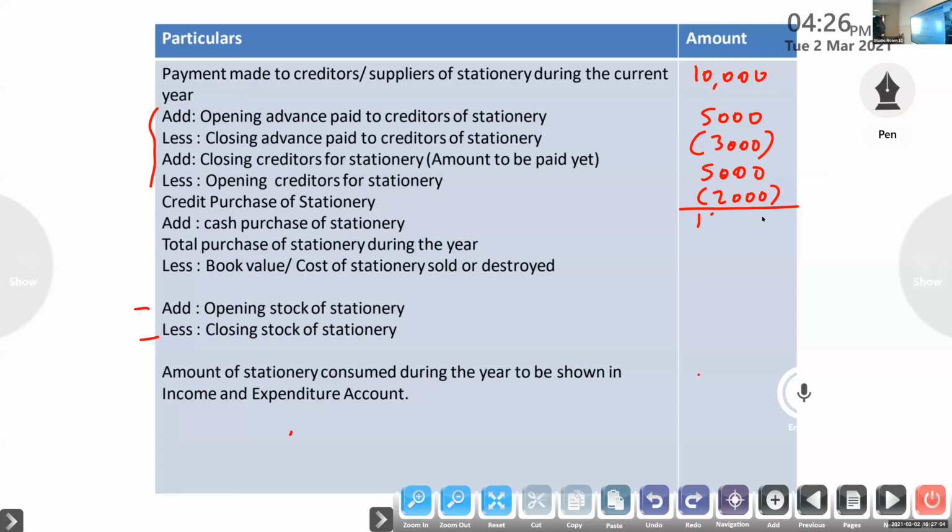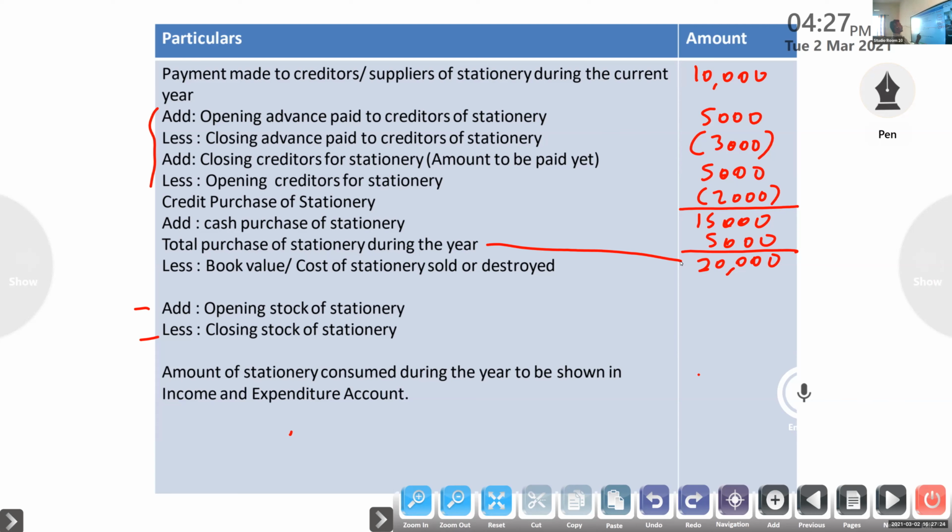Now with the credit purchase, you have to add cash purchase. Suppose it is 5,000, then you will get total purchase. Then the book value of the stationery sold.